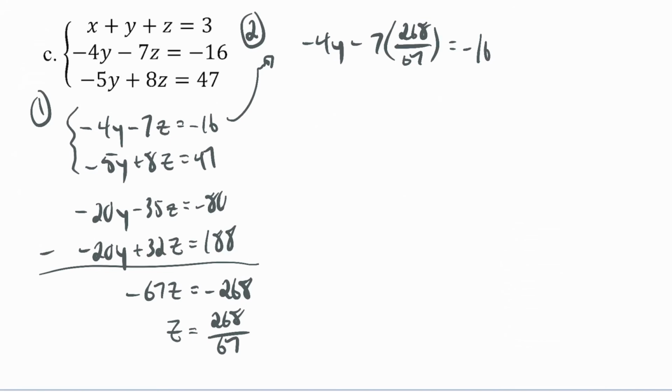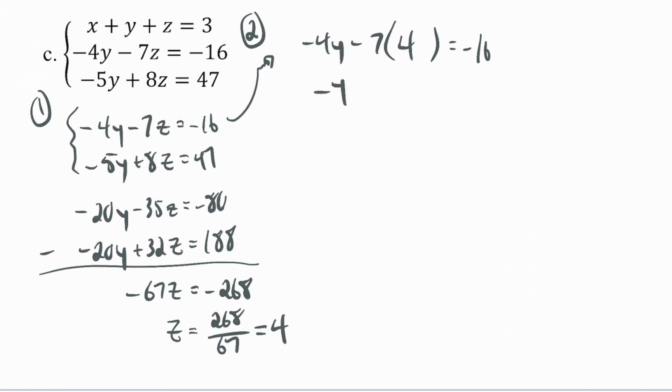I'll multiply 67 across the board. So 67 times 4, 268. I guess I should have seen that one coming. Oh, okay. 268 divided by 67 is 4. Okay, well, that's convenient. Okay, never mind then.